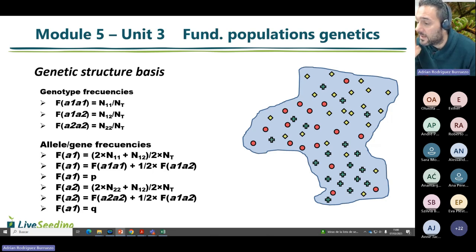Okay. And in the same way, to estimate the frequency of allele 2, you need to perform the same calculations. You will estimate that the frequency of allele A2, or call it q, is 0.6.